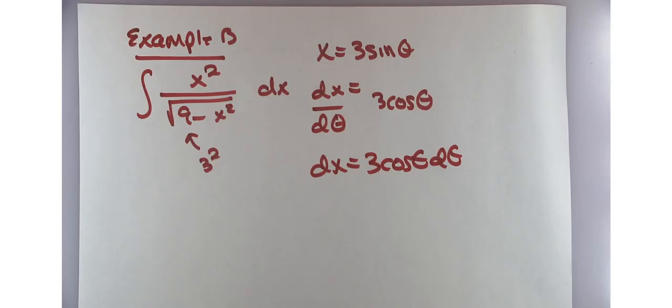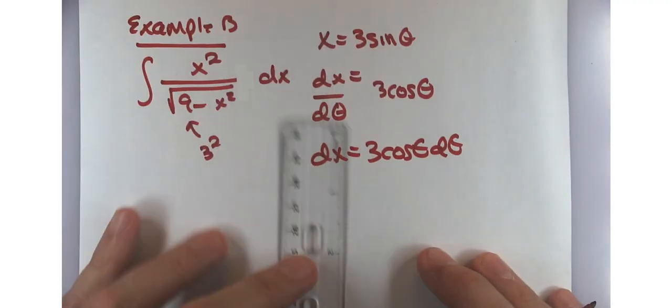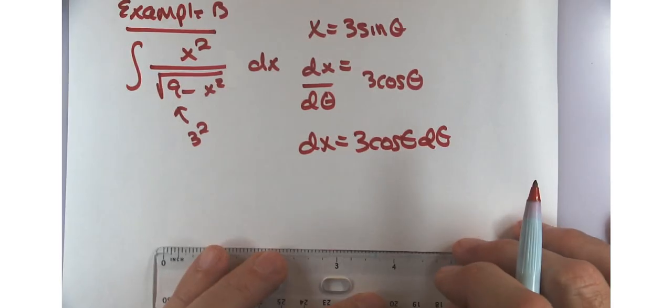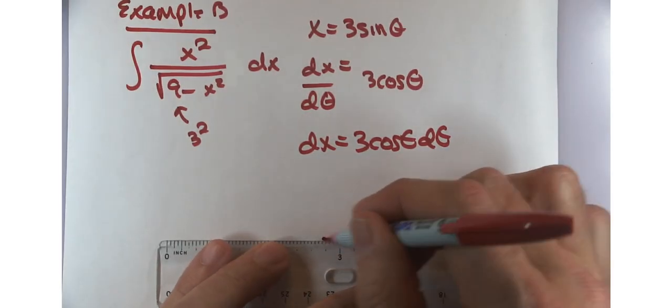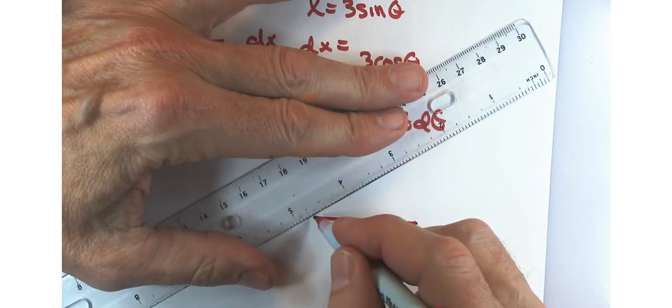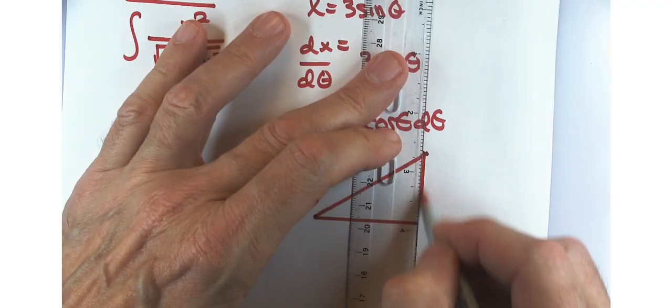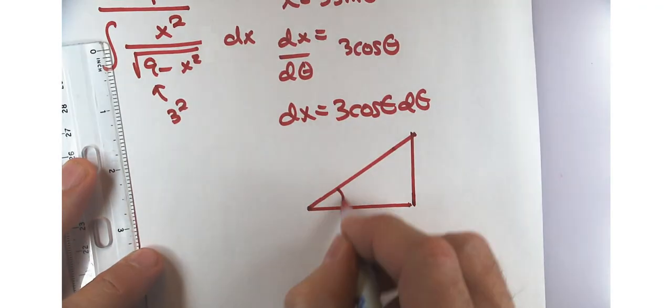Before we do our substitution, let's deal with our triangle. Let's sketch one in here. Draw yourself a nice little right triangle. Draw on a theta. So here's our theta.